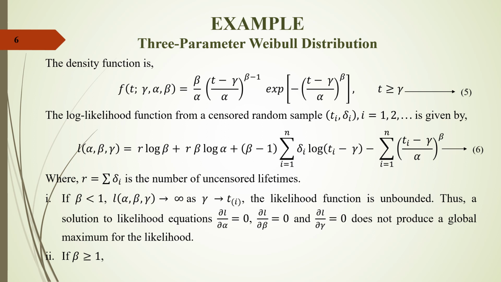If we consider the first condition, that is, beta less than 1, the likelihood function tends to infinity as gamma tends to t1. Thus, the likelihood will become unbounded. Then, a solution to the likelihood equations does not produce a global maximum for the likelihood.